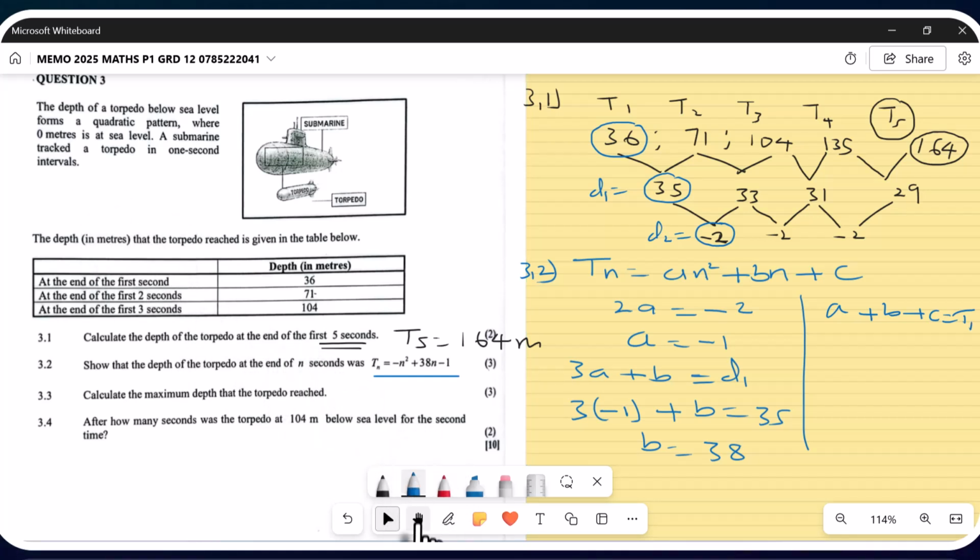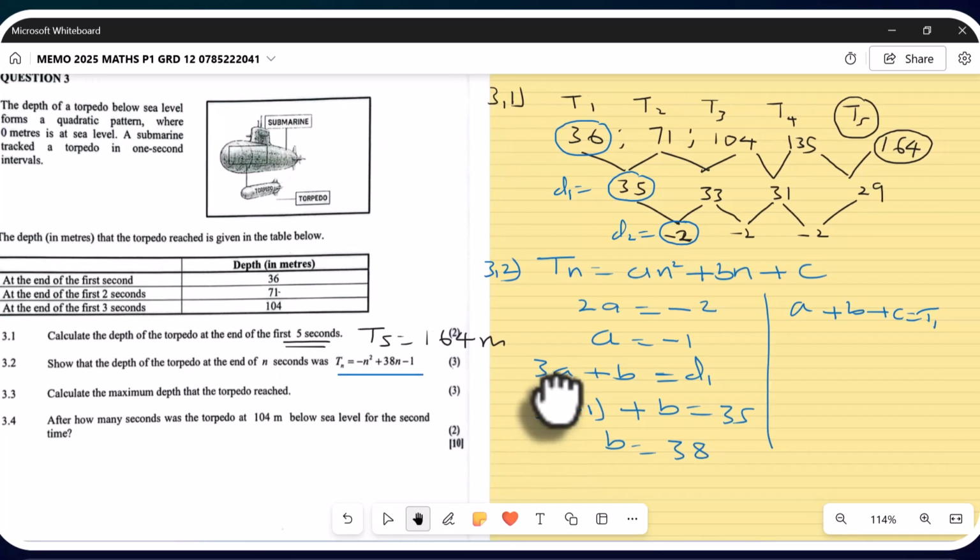Our b is 38. And we are finding what now? We're looking for the c. But our T1, as you can see, it is 36. So now tell me, 38 minus 1, 37. And 36 minus 37, that's negative 1. So our c is negative 1.